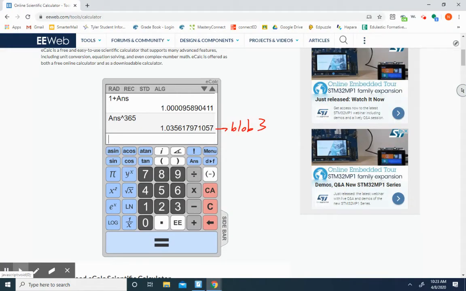So take blob 3, or the previous answer, and we're going to multiply that by 6,700, which is the principal. Okay, previous answer multiplied by 6,700. This should give us our final answer. $6,938.64 if we rounded to 2 decimal places.